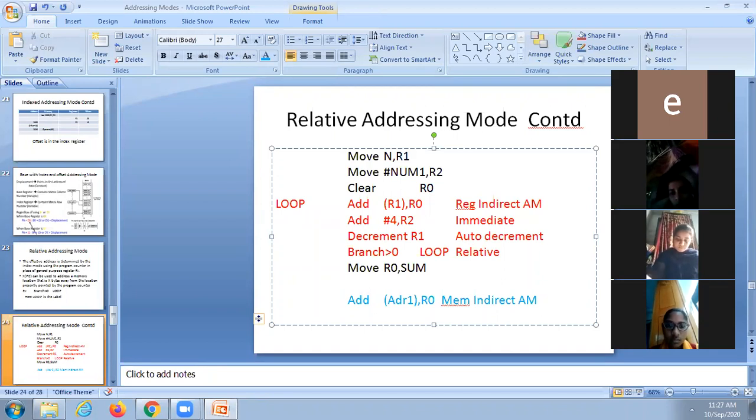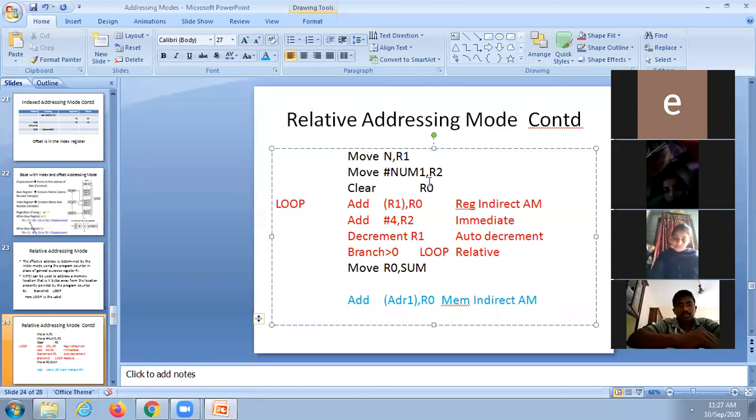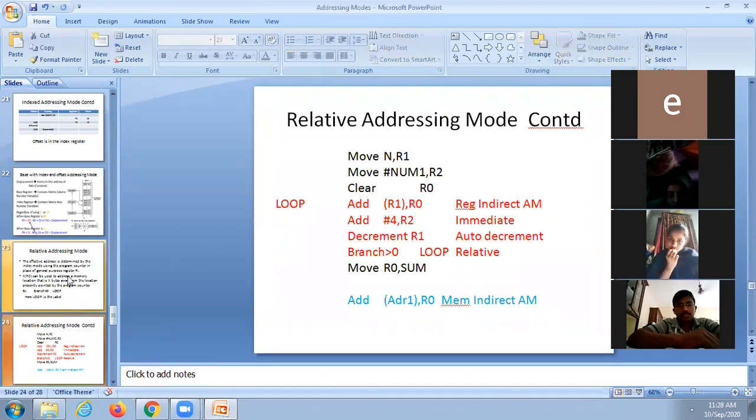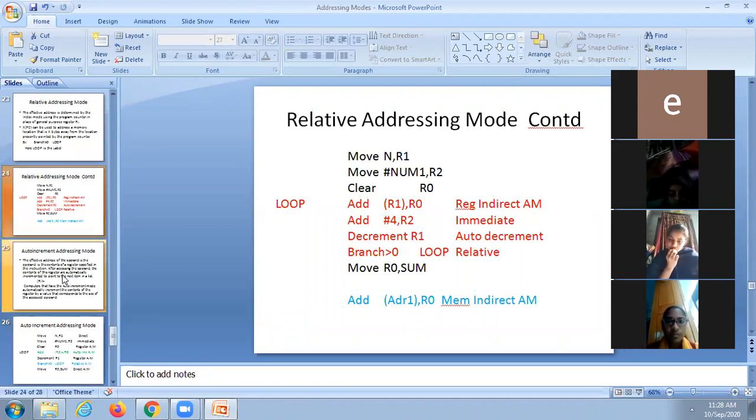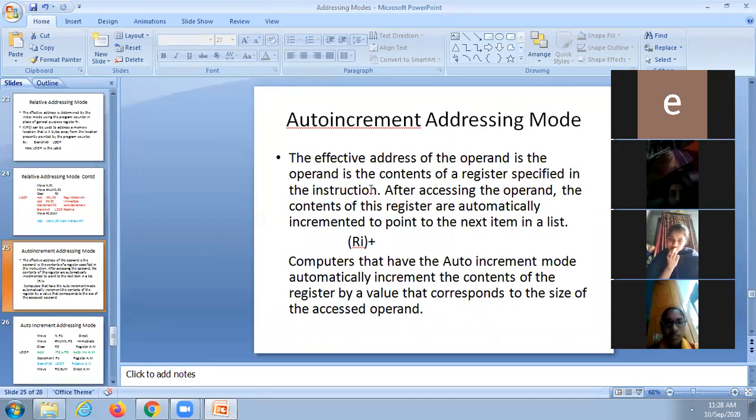This is one of the examples which gives relative addressing mode. This also you can do; I will explain it later. Is it comfortable now? Till now, do you have any doubts in this? No, sir.